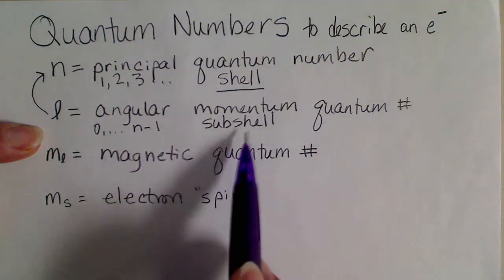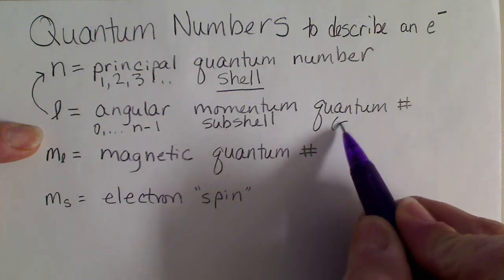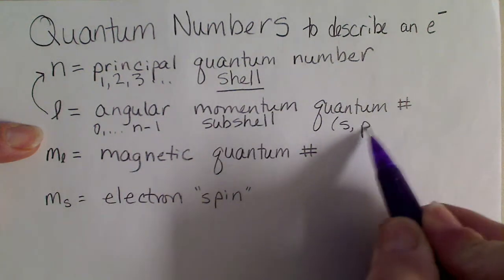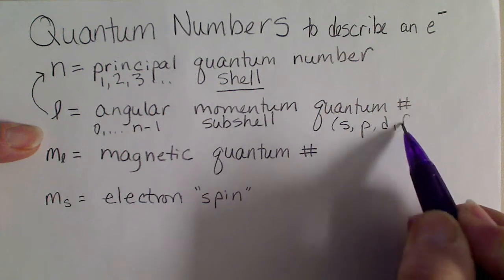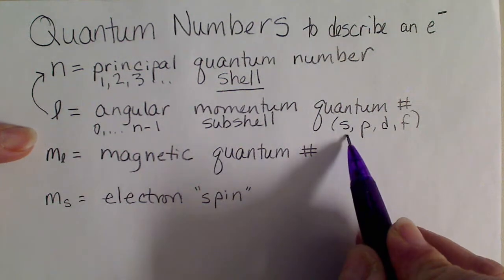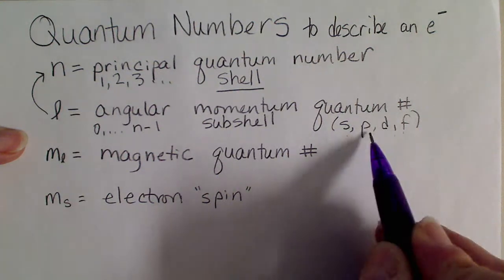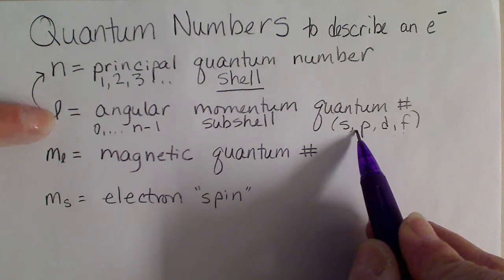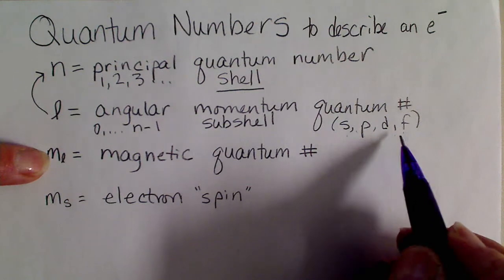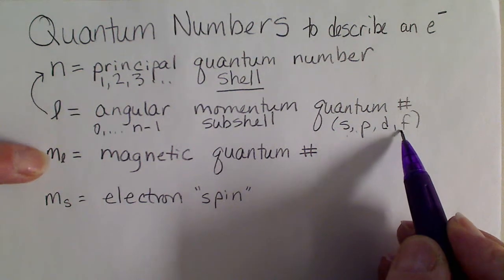The subshell, we may have remembered the letters S, P, D, and F. Those are different shaped orbitals, so we'll correlate those together. I'm just going to go through these really quick, and then we'll look at another sheet.